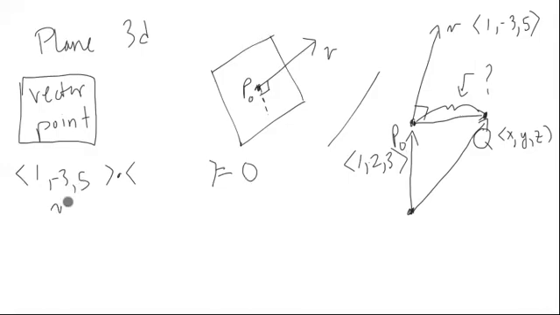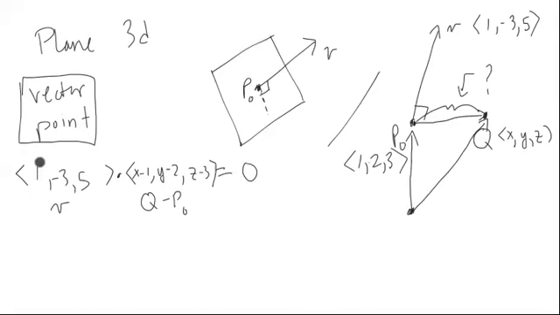So this is V, and this one is Q minus P naught, which we can do component-wise: X minus 1, Y minus 2, Z minus 3. And that dot product needs to be 0.